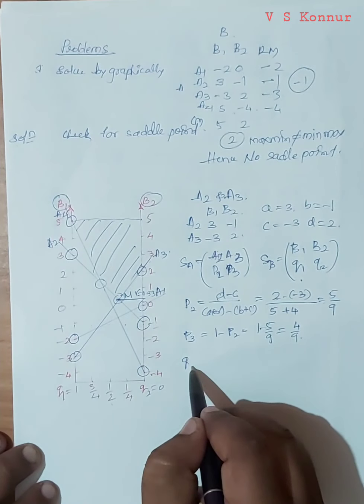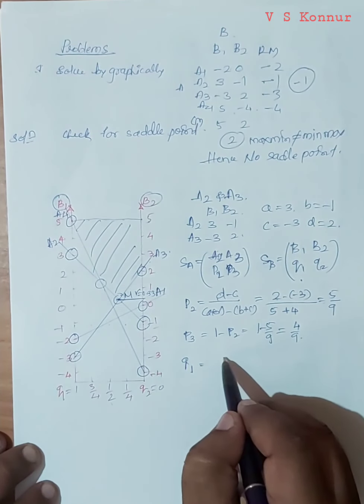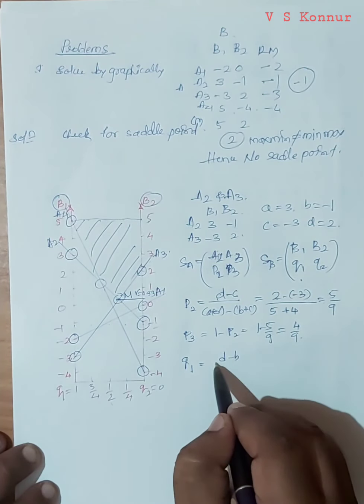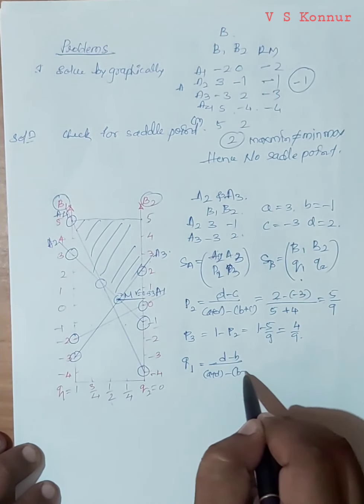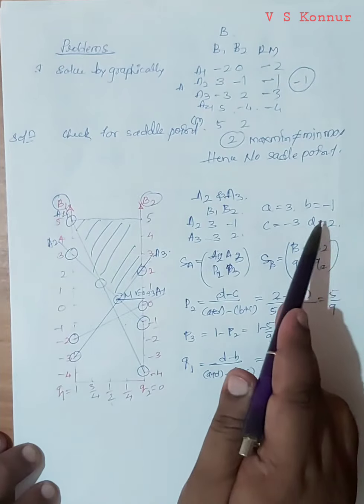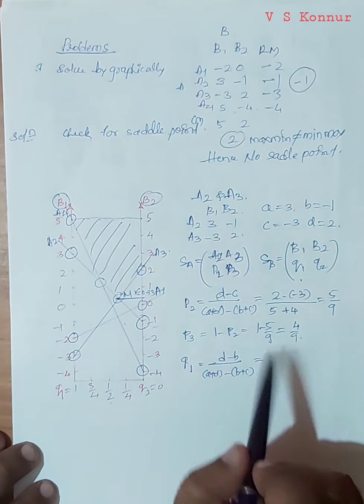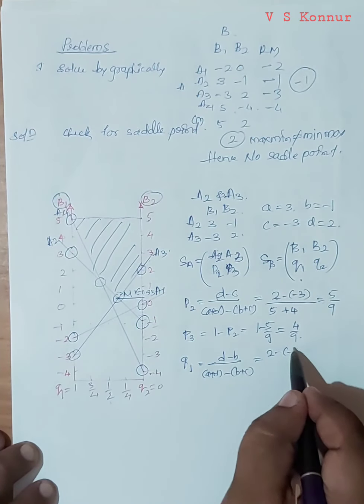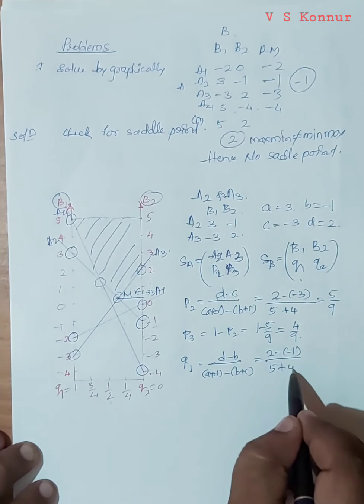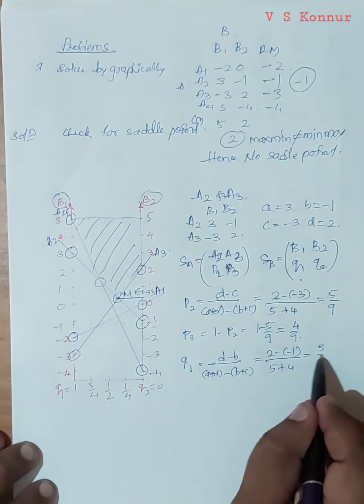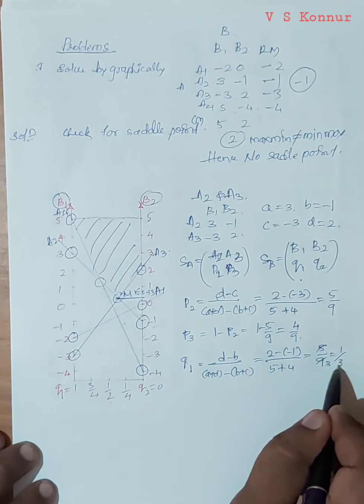Next we will go for Q1. Q1 is equal to (d minus b) divided by the same denominator, a plus d minus b plus c. d minus b is 2 minus of -1, divided by 5 plus 4, which is 3 by 9, that is 1 by 3.